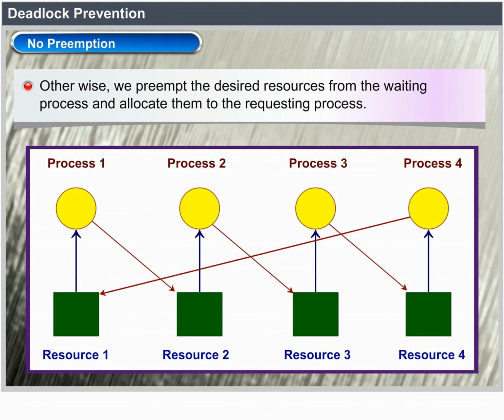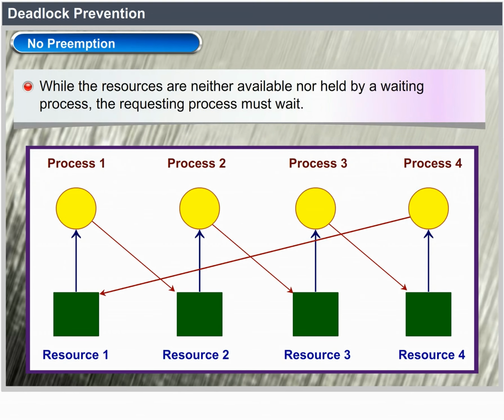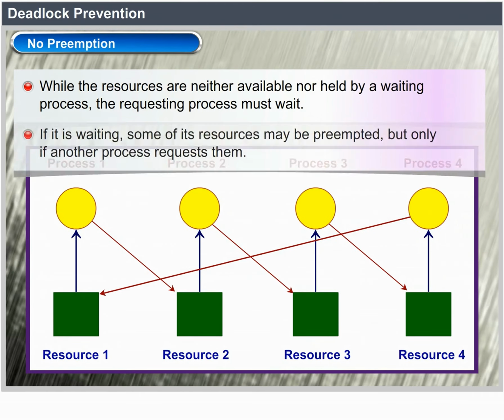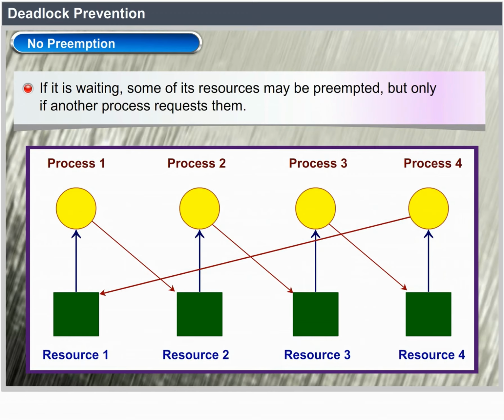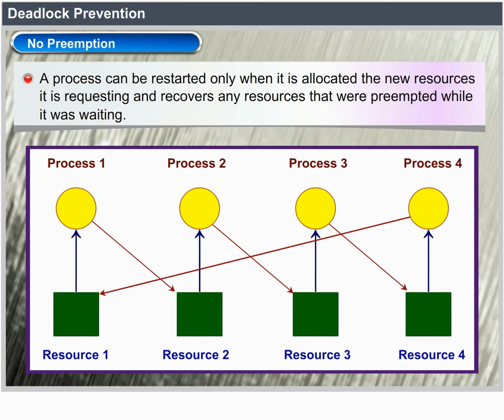If the resources are neither available nor held by a waiting process, the requesting process must wait. While it is waiting, some of its resources may be preempted, but only if another process requests them. A process can be restarted only when it is allocated the new resources it is requesting and recovers any resources that we preempted while it was waiting.